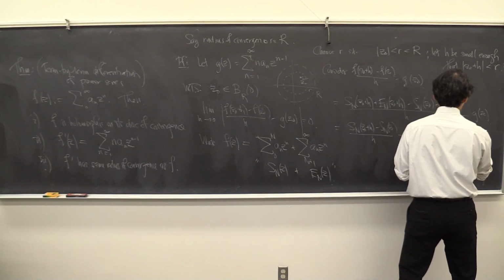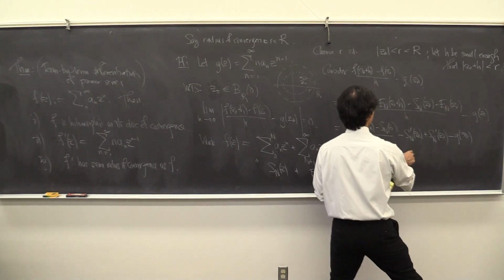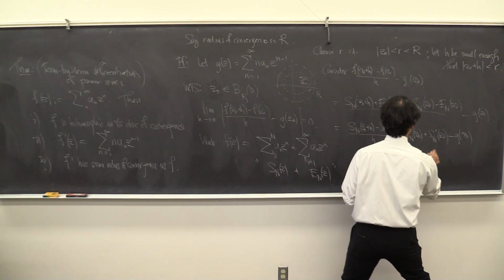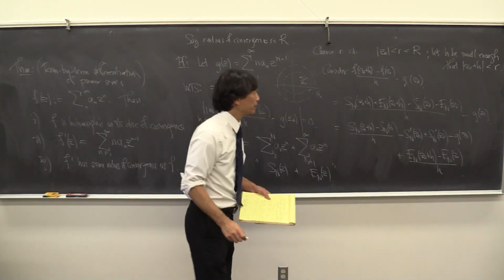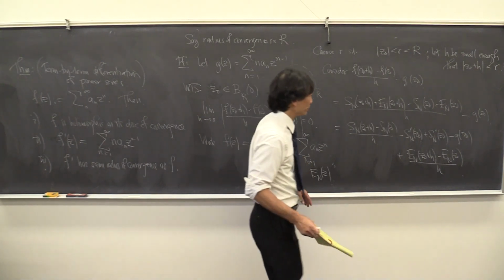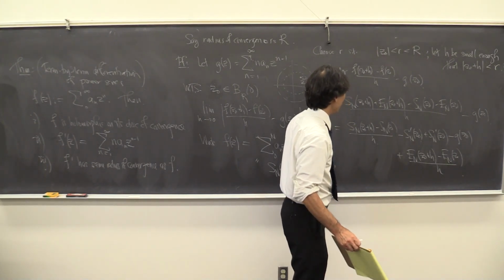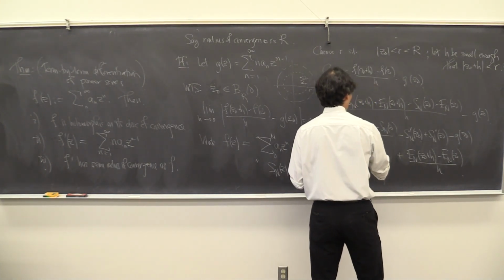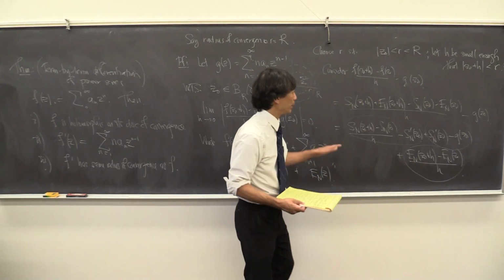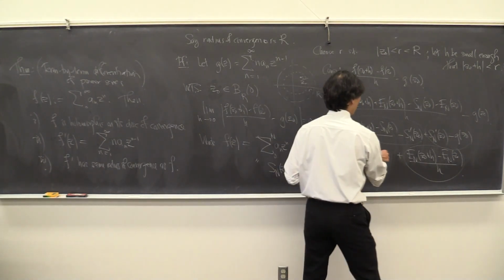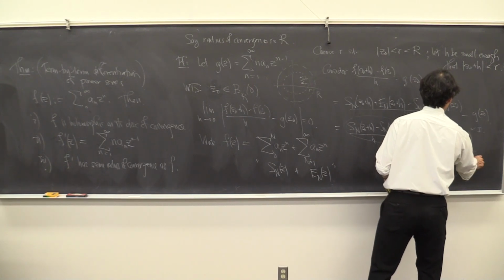We also still have the tail part. So we throw in a cleverly chosen zero, and we think of this as these three differences: number 1, number 2, and number 3.